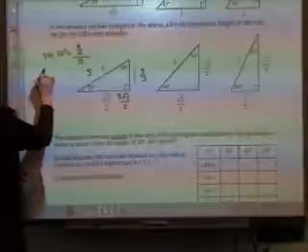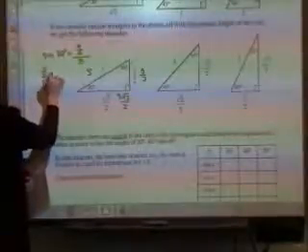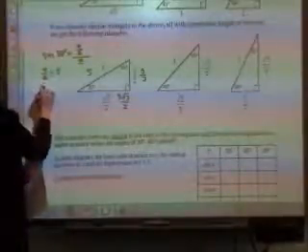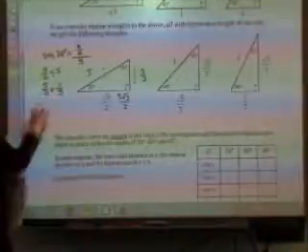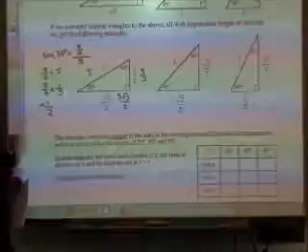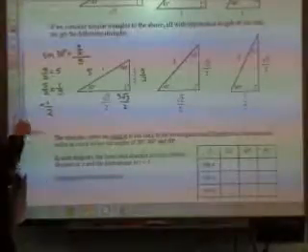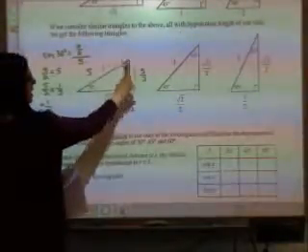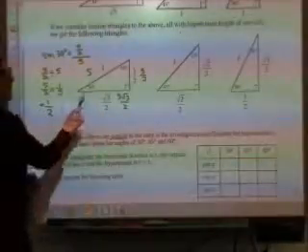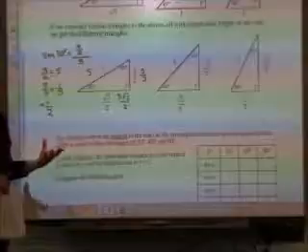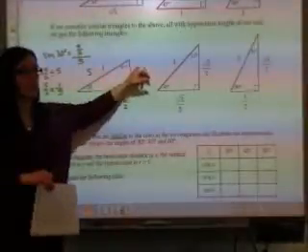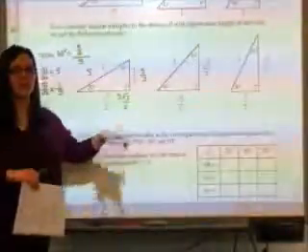And if I take 5/2 and I divide it by 5, it's the same as multiplying by 1/5. I'm still going to get 1/2. So this relationship of 1, 1/2, root 3 over 2 will be the same no matter what size the triangle is. My sine 30 will always be a ratio of 1/2.